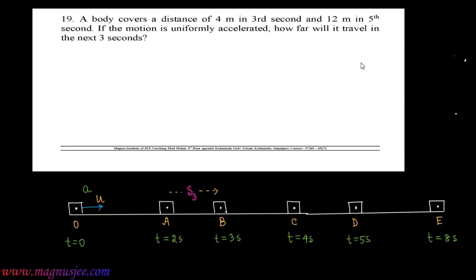Similarly, the distance traveled in fifth second, between 4 second and 5 second, is S5, and S prime is the distance traveled by the body in the next 3 seconds, that is between 5 second and 8 second.